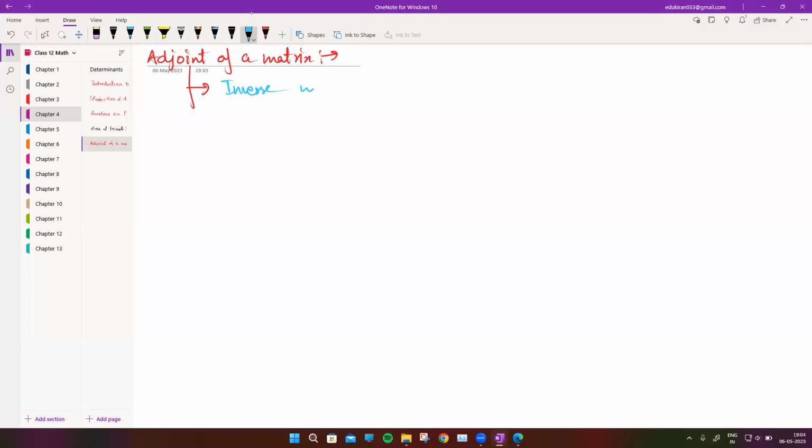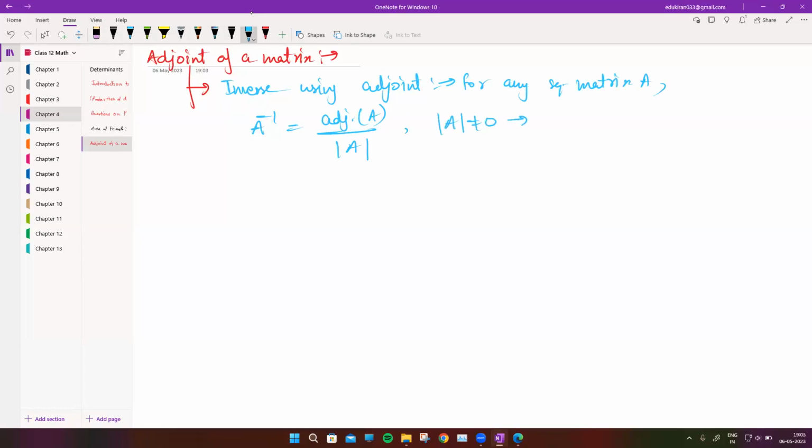Inverse using adjoint can be done as follows: for any square matrix A, A inverse is equal to adjoint of A divided by determinant of A. Determinant of A has to be non-zero. This is the existence of A inverse.